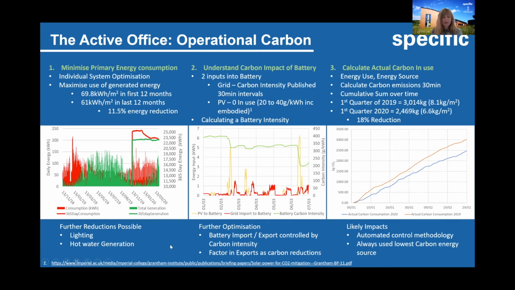This method takes into account the grid carbon intensity at the point of charge. Significant solar energy stored reduces the carbon intensity of the battery. Charging from the grid moves the battery intensity towards the grid value, usually increasing, as you can see in this example.